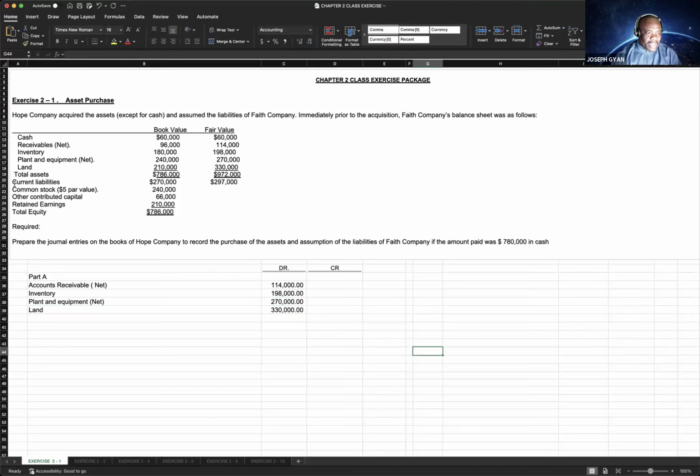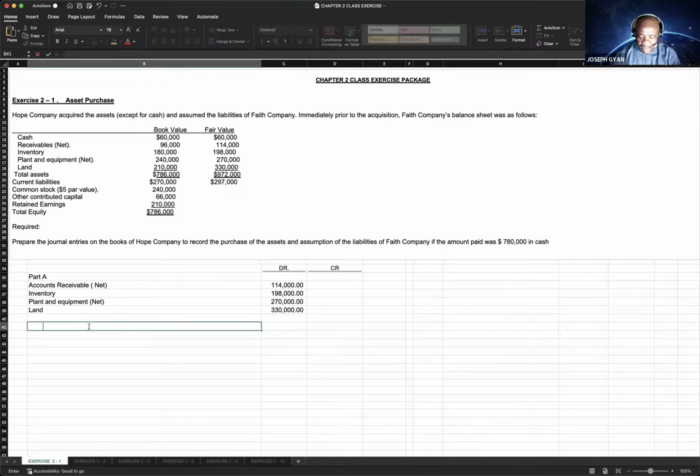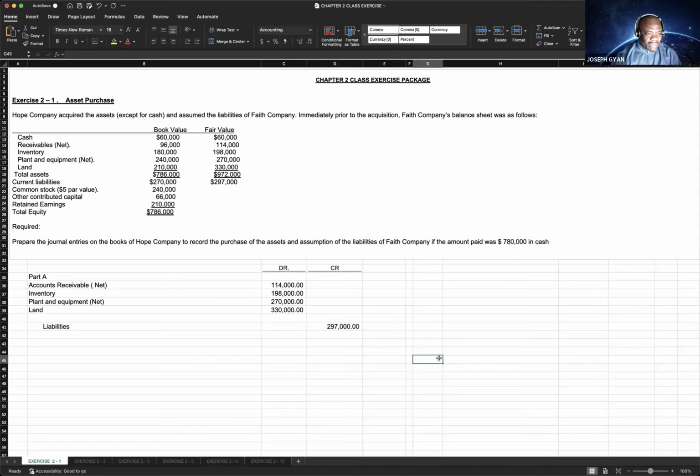Now we have the current liabilities, which is only one. So let's put the liabilities. The liability is 297,000 here.